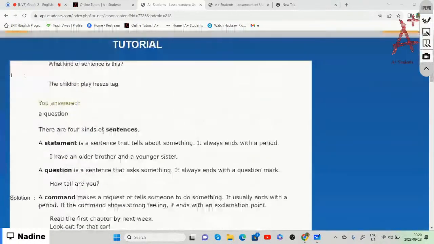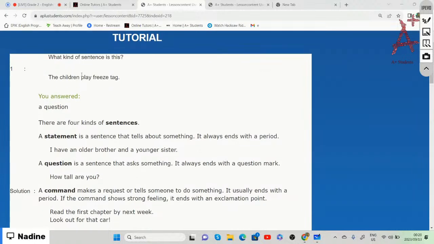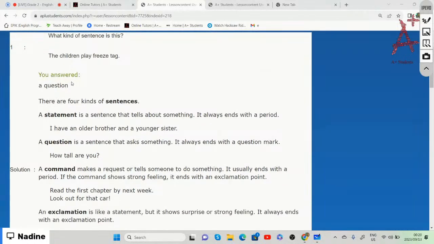All right, so now we're going to say what kind of sentence this is. The children play freeze tag. We need to say if it is a statement, a question, a command, or an exclamation.